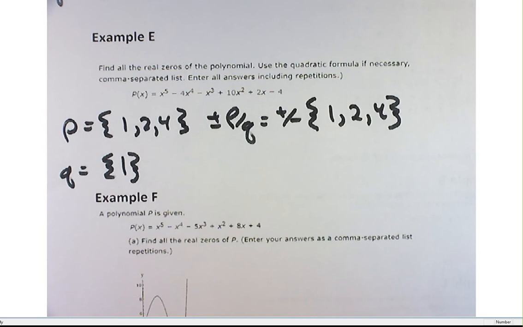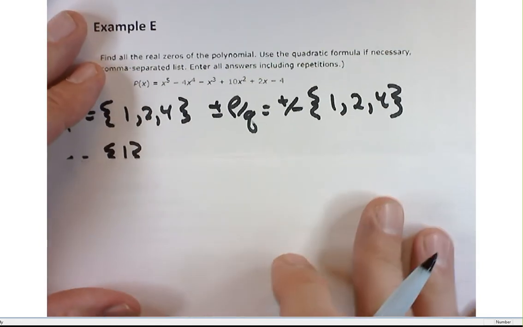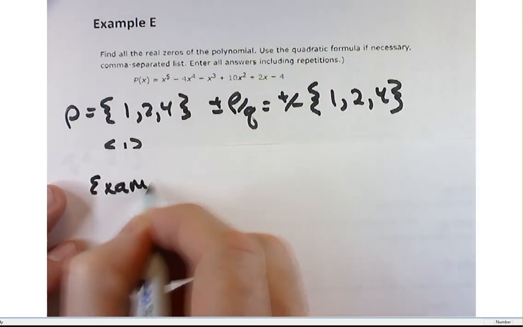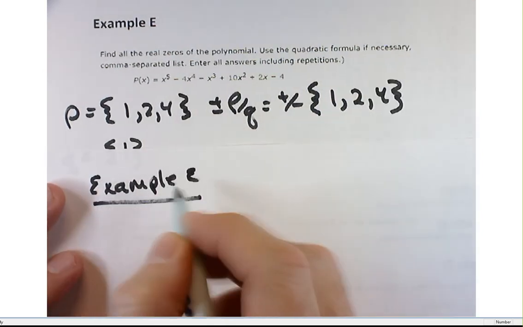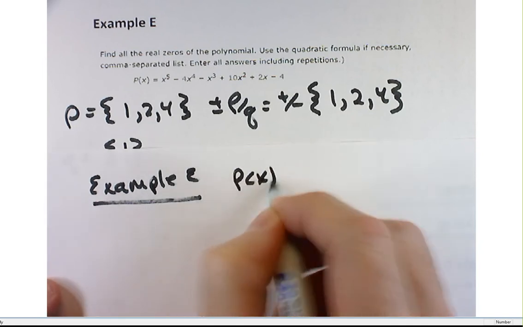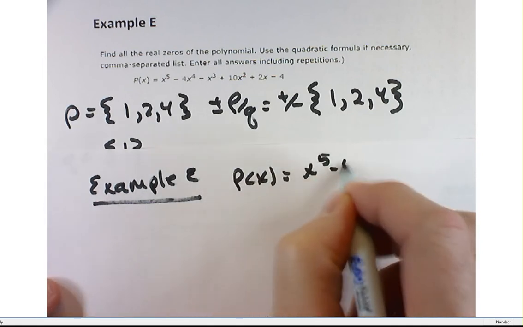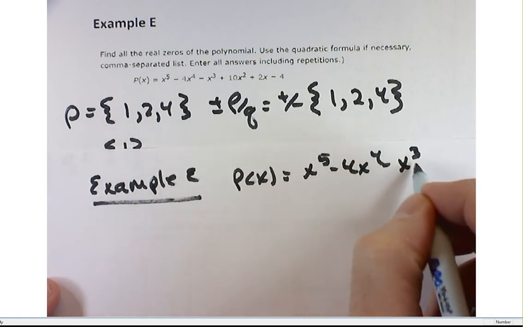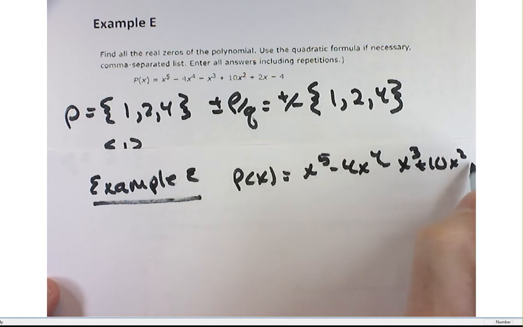Let's pick it up on another sheet of paper with example E here. P of x is x to the fifth minus 4x to the fourth minus x cubed plus 10x squared plus 2x minus 4.